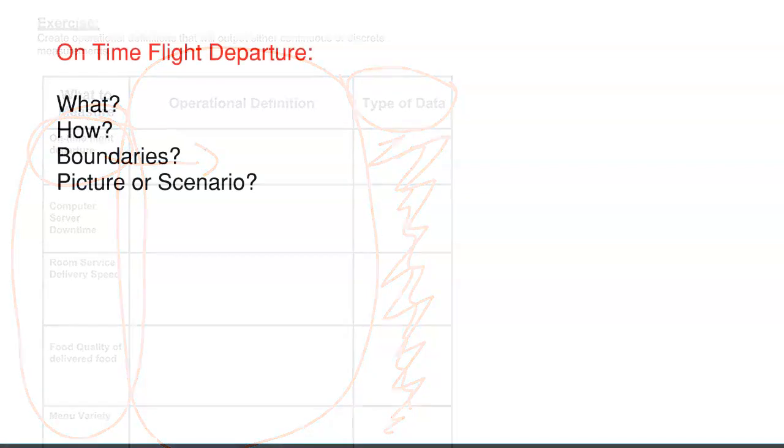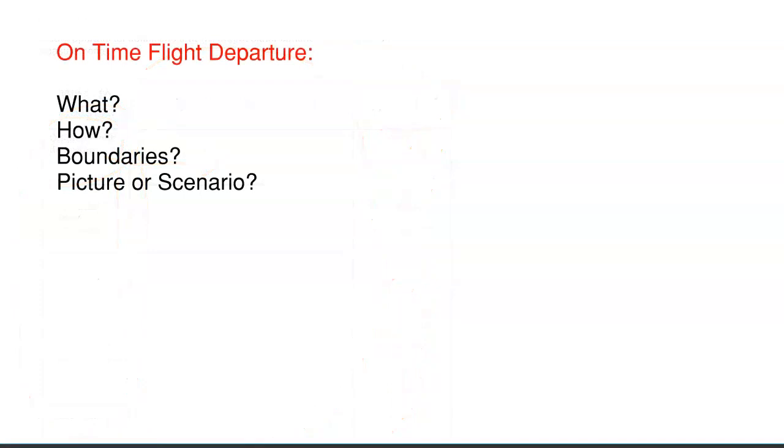All right, let's walk through creating an operational definition for on-time flight departure. The first question I typically start with is, what is this thing that you're asking from different measurers? It will probably relate to your original CTQ statement, but I want to remind team members that as they're crafting this, let's make sure that whatever is being measured has the customer's point of view.